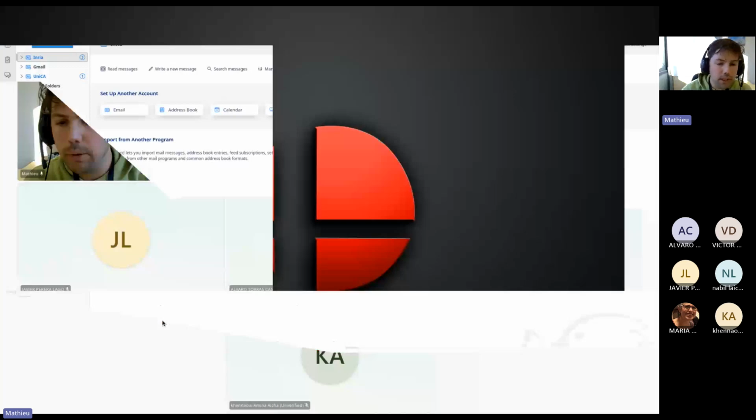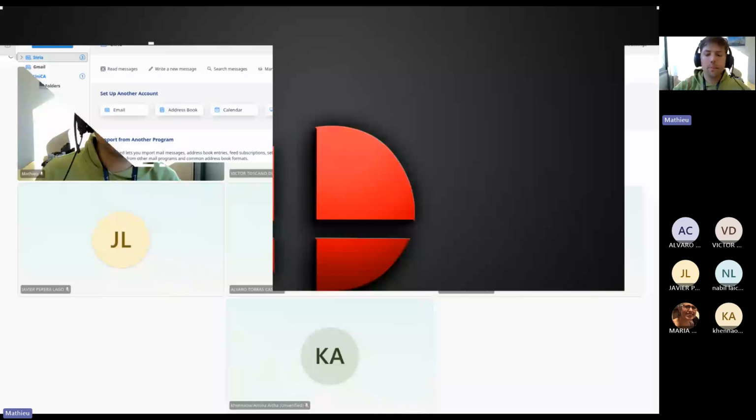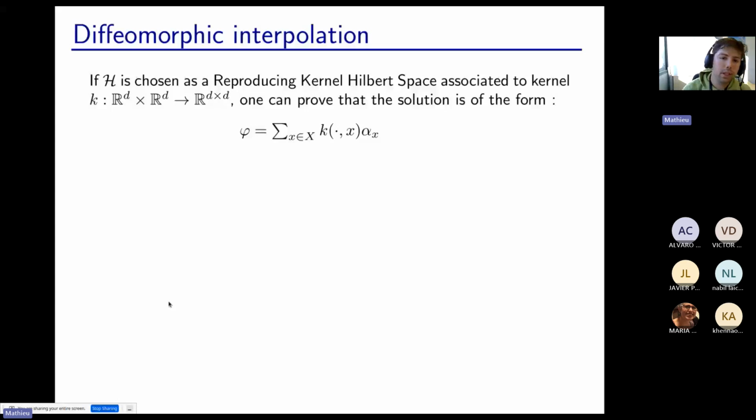This minimization of the norm ensures also that your vector field doesn't do crazy updates outside of the gradient. You still want a vector field that's smooth, ideally with a bounded Lipschitz constant or something like this, so that the norm is not so large.